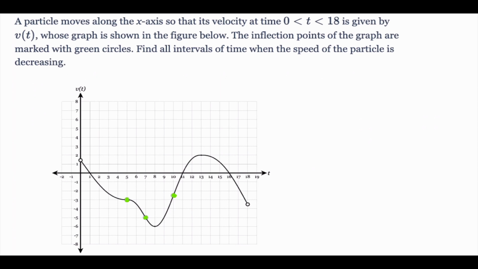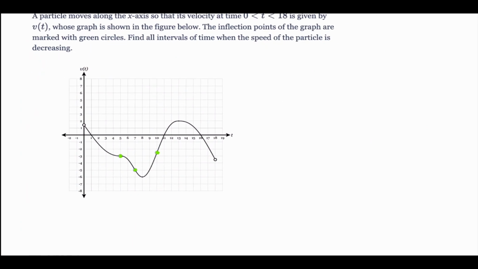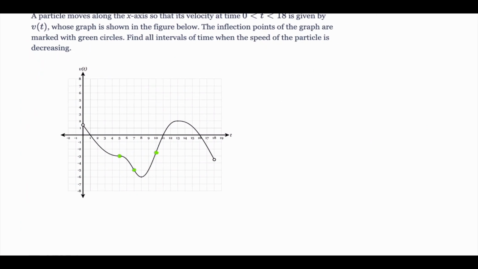So this graph is a graph of which one of these? Velocity. Tell me about velocity. Velocity is a derivative. So this is a graph of the first derivative. Does that sound familiar? We just did that, right? That's why we do that lesson first. So it's a graph of velocity.